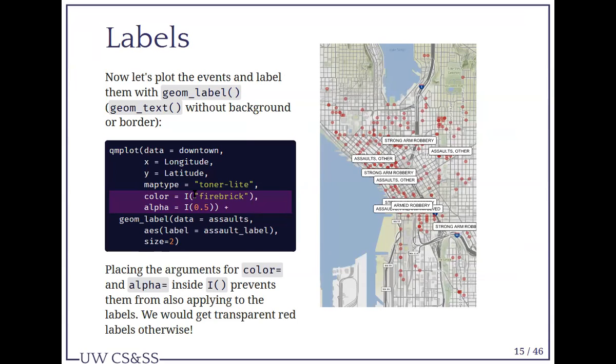I've included a different color here, an alpha as well, using that same as-is function, this capital I. This is strong on robbery versus robbery, like violence assault. I'm not sure.